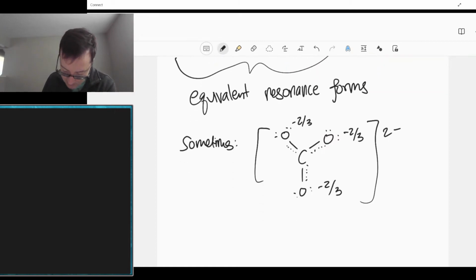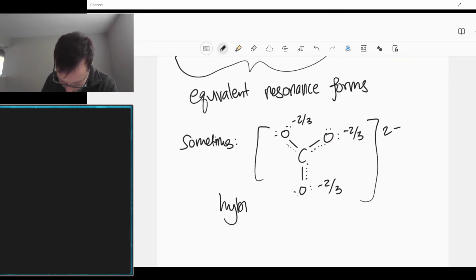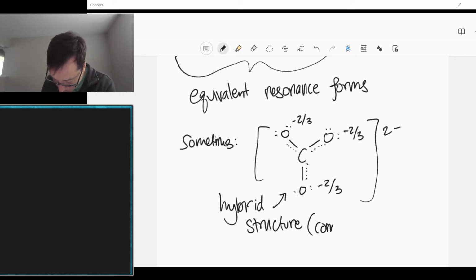This is a hybrid structure. And this just combines the resonance forms.